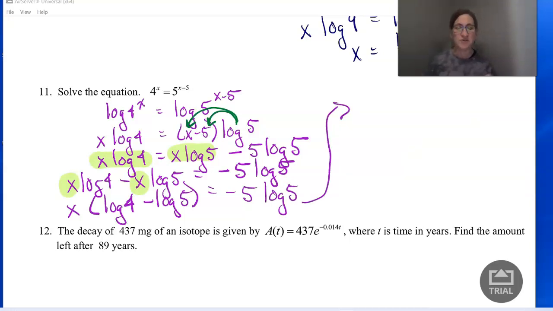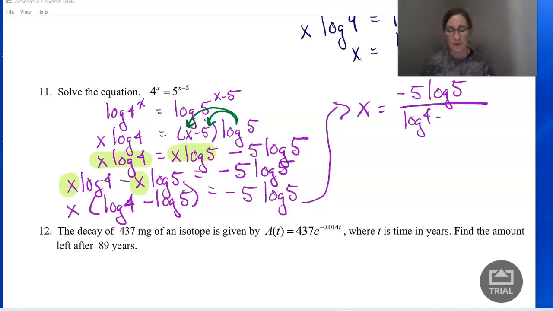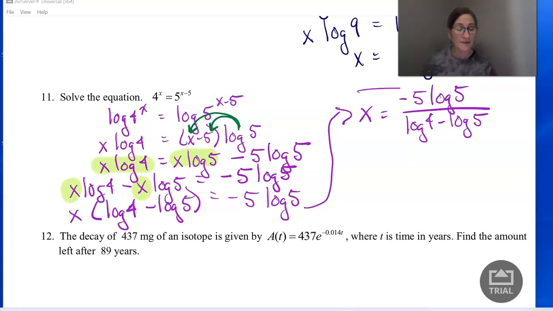So now I'm going to divide by that expression that's in parentheses, and then I'm going to have x all by itself. I'm going to have x equal to negative 5 log 5 over that quantity log 4 minus log 5. Woof. That one is super cool. Okay? That is your answer. That's your exact answer. It's solved.